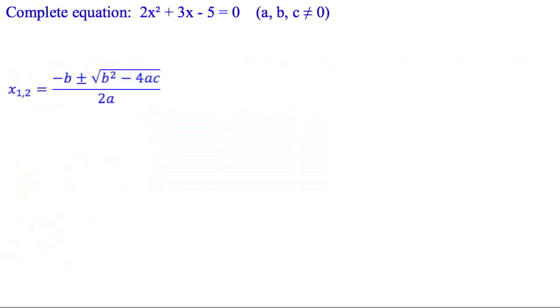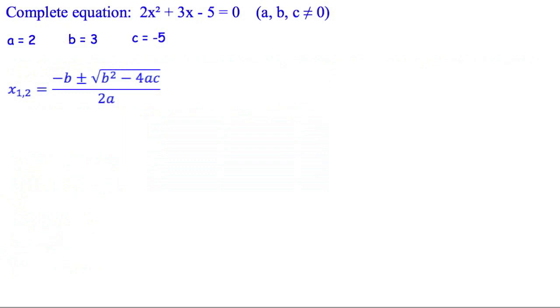Let's start with the complete equation 2x squared plus 3x minus 5 is equal to 0. A equals 2, b equals 3, c equals negative 5. To solve this equation, we'll apply the so-called quadratic formula.